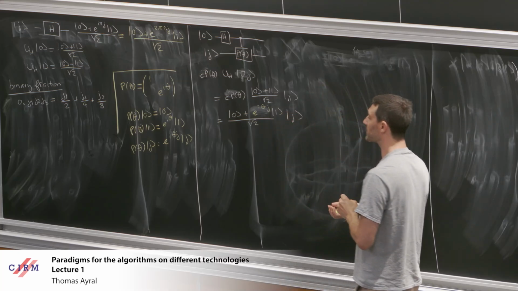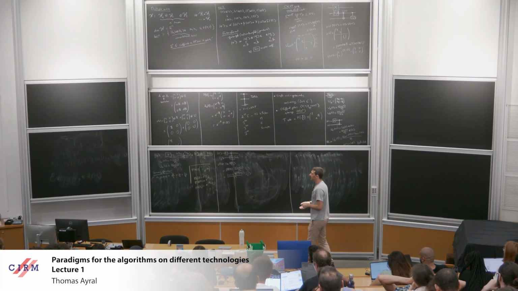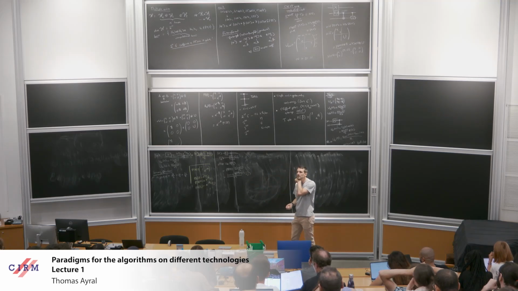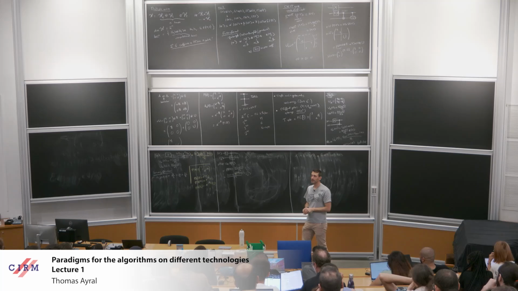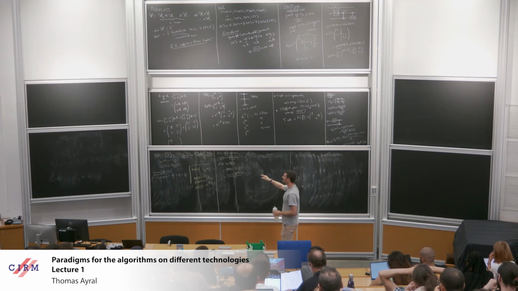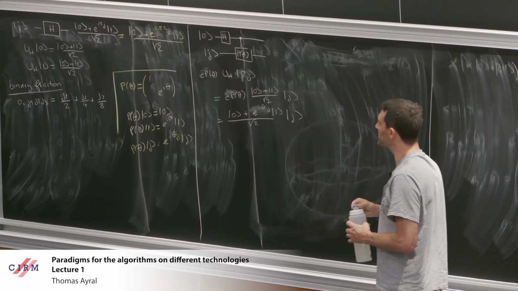So you see it's a bit of a strange example, because is the output state entangled or not? If you look at this state straight in the eye, is it entangled or not? When we look at the circuit, it has 2-qubit gates, so it should be entangled, but is it?